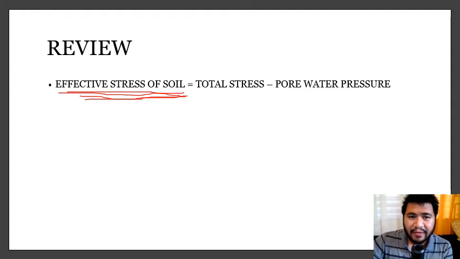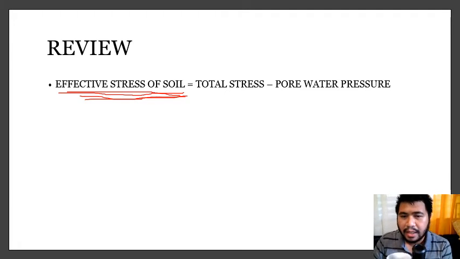When you have zero effective stress, it means your soil is basically completely loose. It's basically fluid and it cannot support any more load. So this is important.